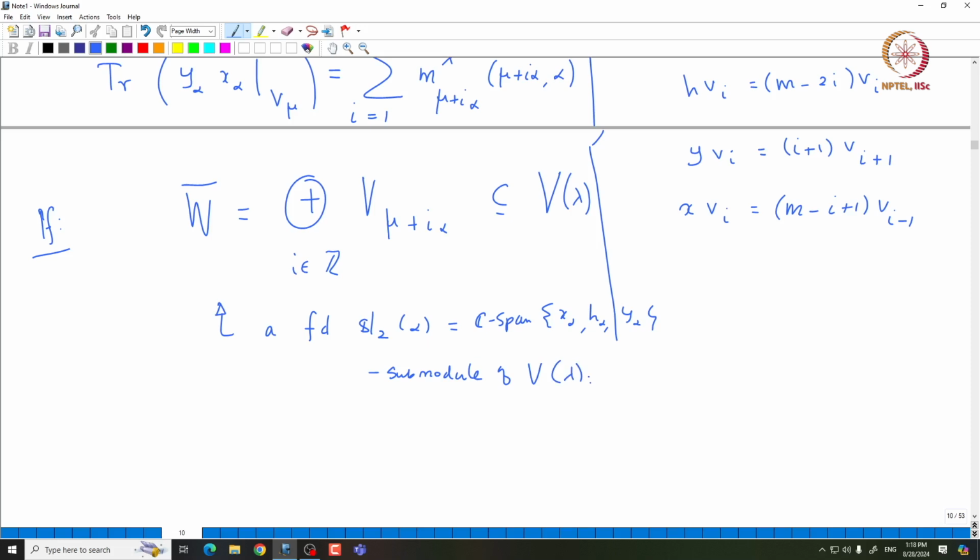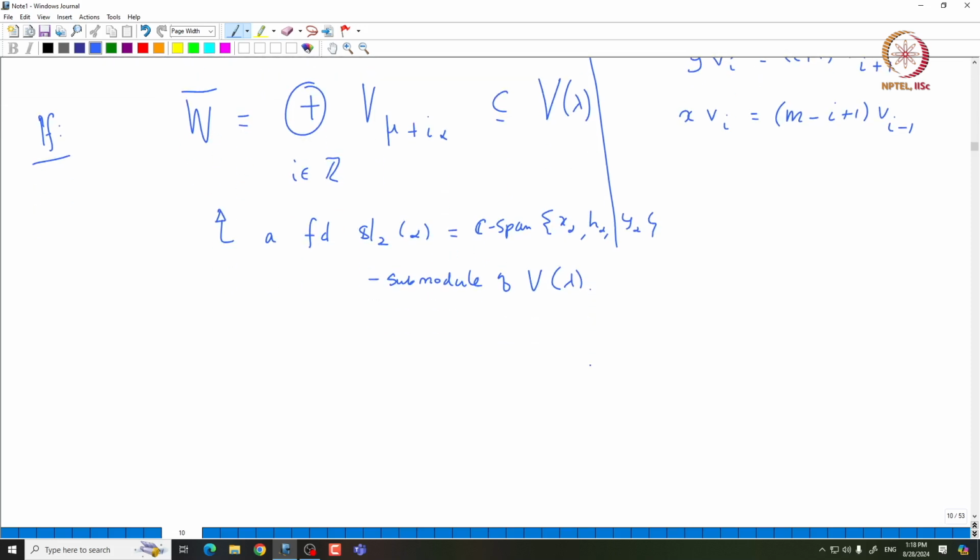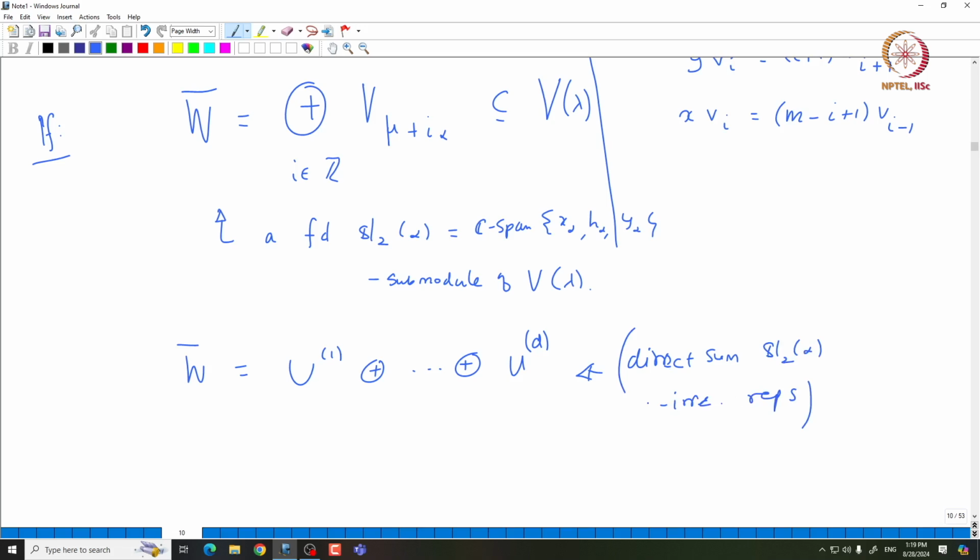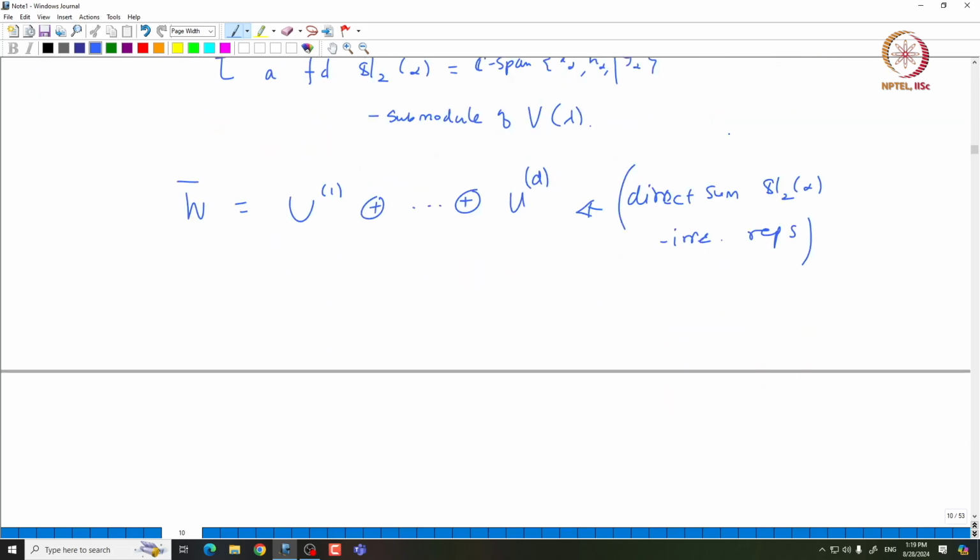Since V lambda itself is a finite dimensional module, using complete reducibility, one can decompose this W bar into a direct sum of SL2 alpha irreducible representations.